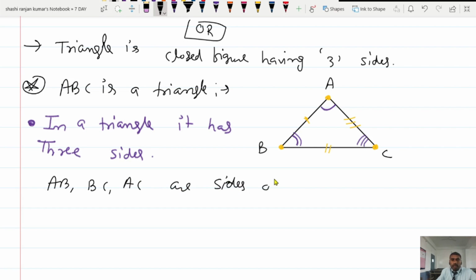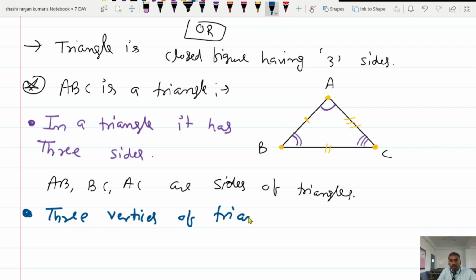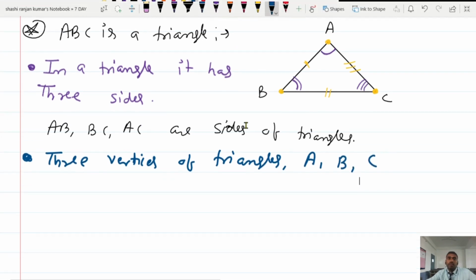These are the sides of the triangle. Similarly, we have three vertices of a triangle. Point A is a vertex, and B and C. So these are the vertices of the triangle.